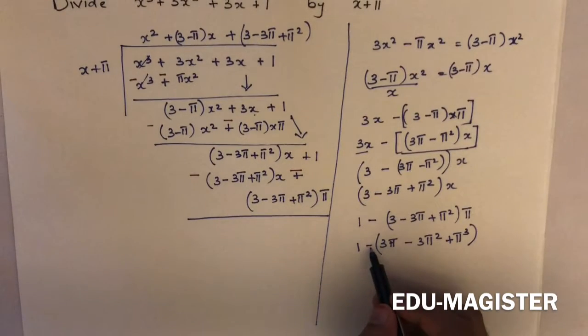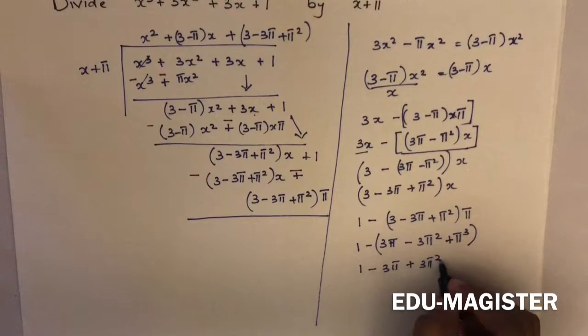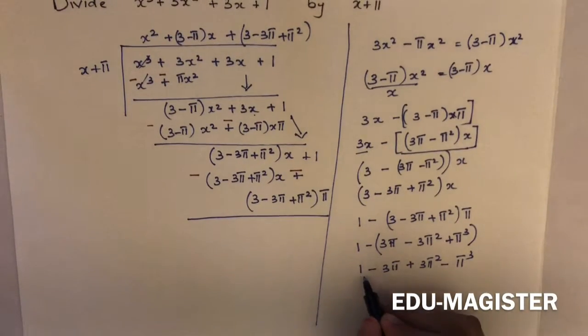Now if you open these brackets, then 1 minus 3 pi, minus into minus will be positive, then again minus, and this positive will change to negative, minus pi cube.